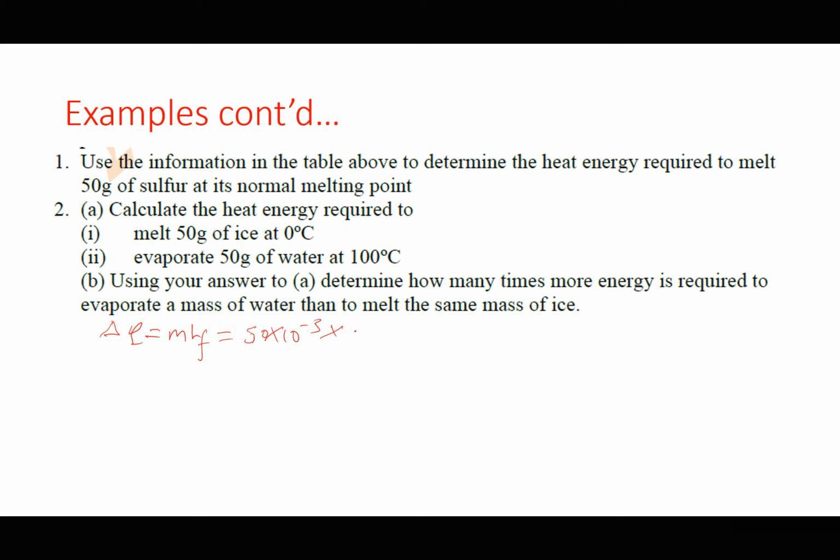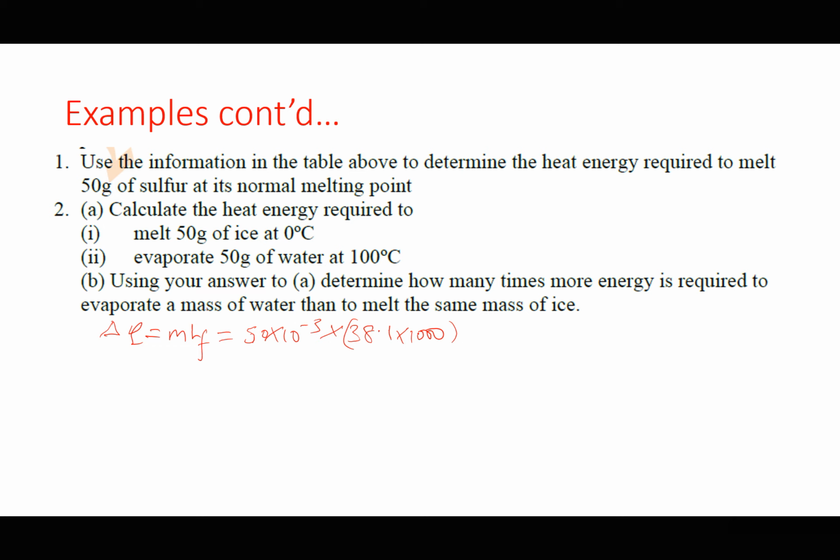At the melting point, the latent heat of fusion of sulfur is 38.1 from the table which you have seen above. It is 38.1 kilojoules per kilogram, so this will be times 1,000 because it was in kilojoules per kilogram.